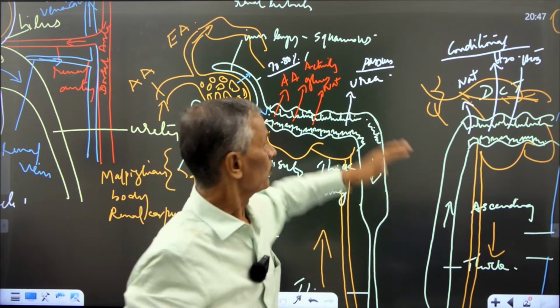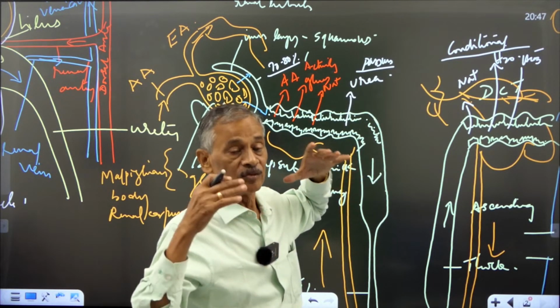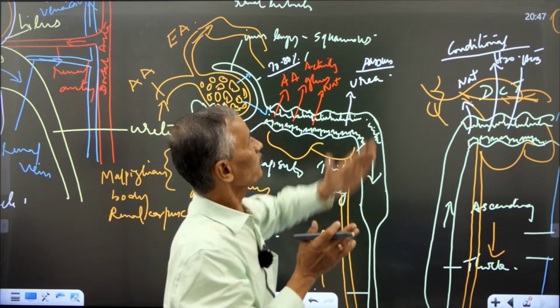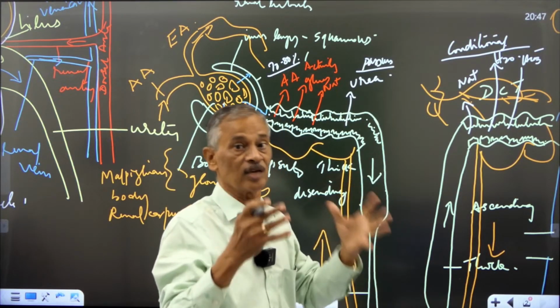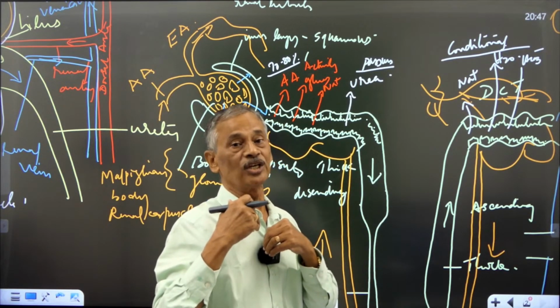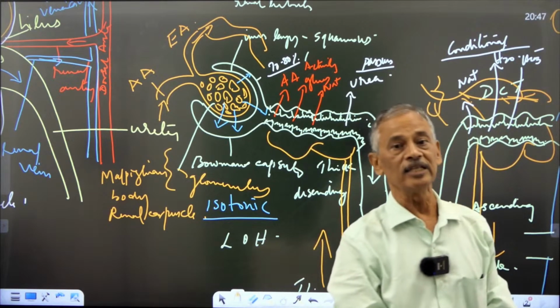What are they? Sodium. To maintain the sodium potassium balance, if sodium is required, it will be absorbed. Similarly, water. If your body is deficient in water, if the water is to be retained in the body, it will be absorbed. Similarly, bicarbonates to maintain the pH.